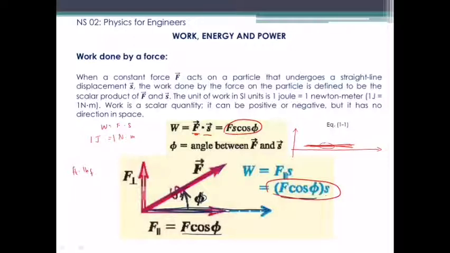So that is foot-pound force. Then, while for CGS, you have your unit of force in dynes, and then your unit of displacement is in centimeters. You have dyne centimeter, or dyne centimeter is what you call the unit ergs.